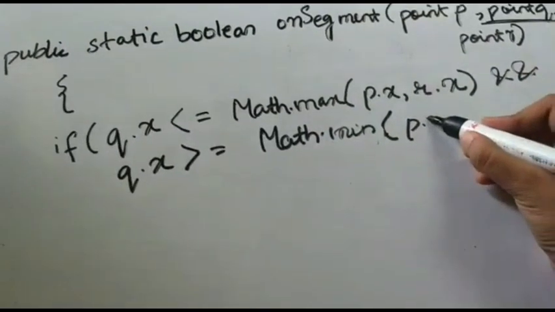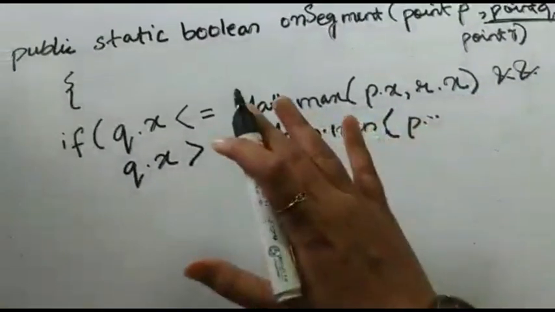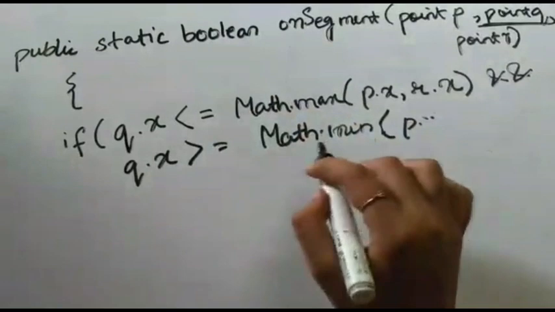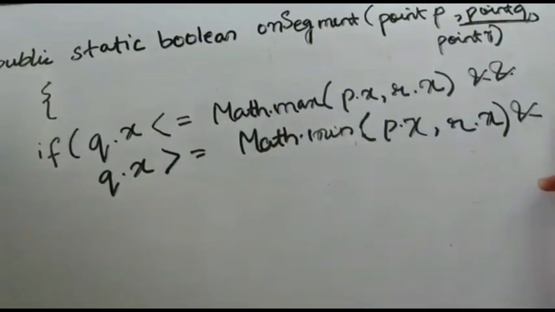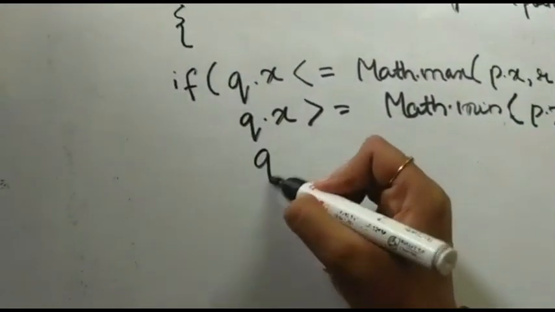It has to be less than the maximum of these two and greater than the minimum of these two. And the same for the y coordinate.